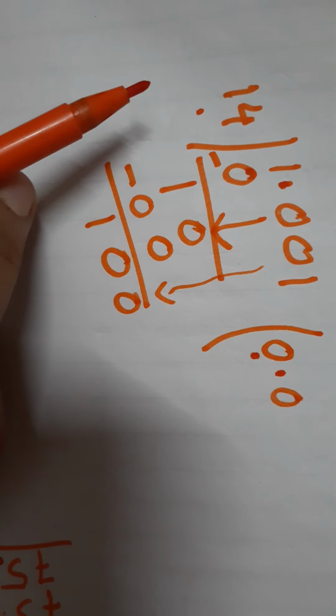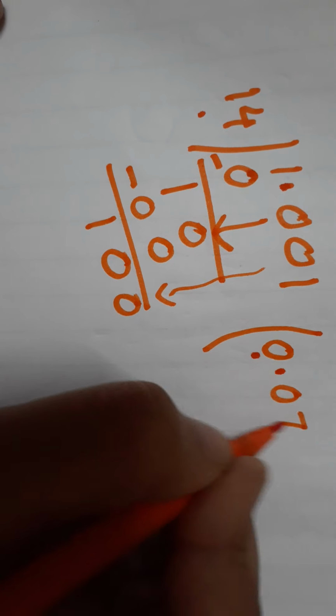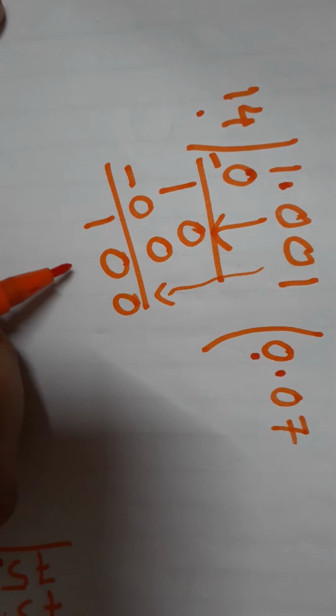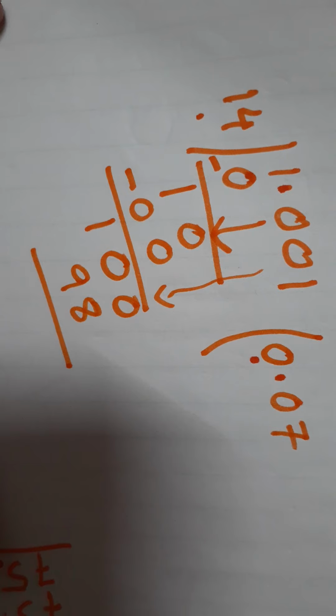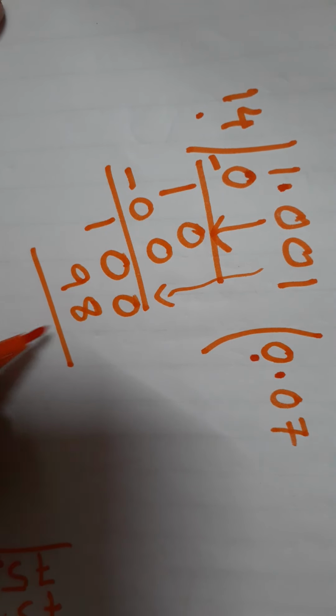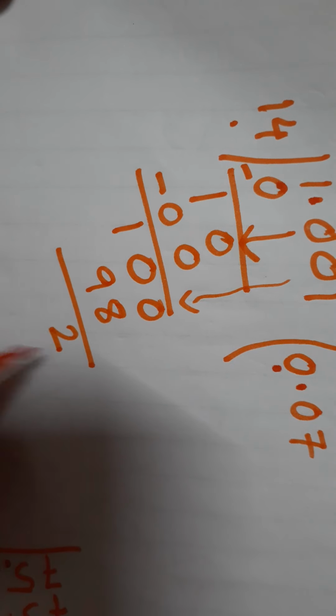Now this is 100 and this is 14. How many times will 14 go into 100? 7 times it will go, because 7 14s are 98. Now we will use 98 over here. When we subtract 98 from 100, we will get 2.